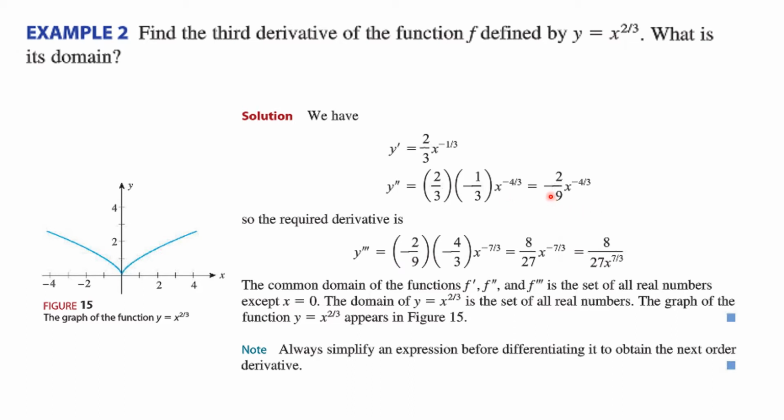Again, this is negative 2/9. If I take the derivative yet again, I do this and this. Now this becomes positive. I subtract 1 yet again, and I can put that in the denominator to simplify. So you see the common domain of the functions f prime, f double prime, f triple prime is everything except 0. And there's the graph.